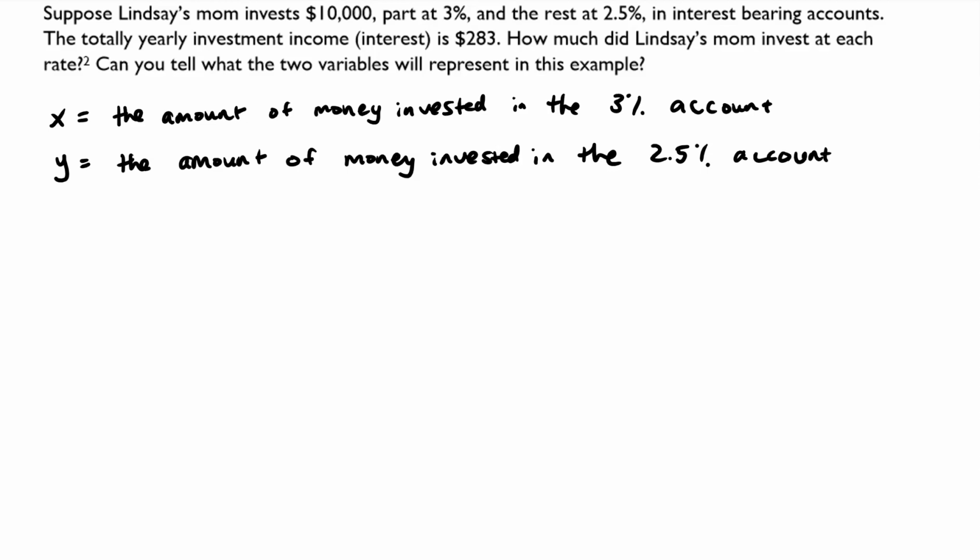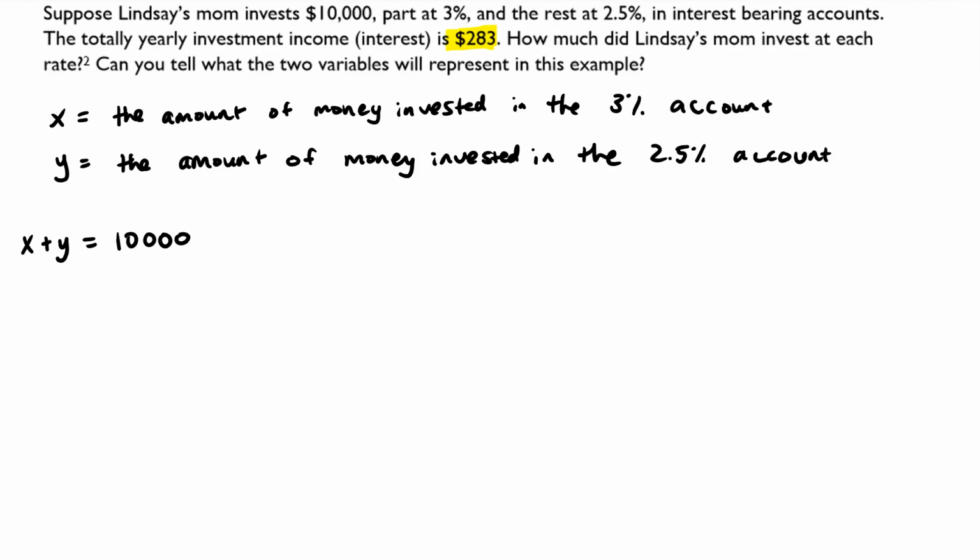All right, so now we want to create our two equations just like we did in the previous example. So we know that the total amount of money that's being invested is $10,000. So the first equation that we could make with that is x plus y is equal to 10,000. We also know that the amount of interest that Lindsay's mom got was $283.